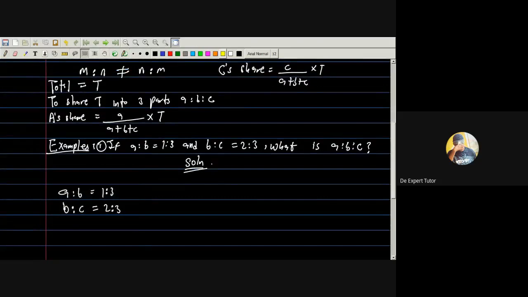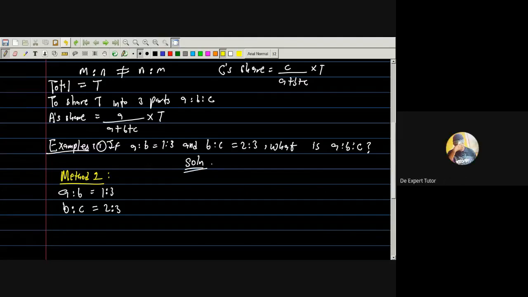So now we are asked to find A ratio B ratio C. Now pay attention. I want to ask us a question. If you observe, look at the first ratio, look at the second ratio. Something is common to both of them. Who can unmute yourself and tell us what is common to this and this? What is common to both of them? Anyone?